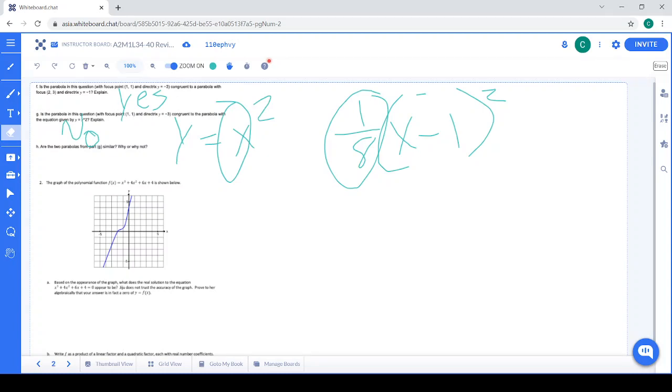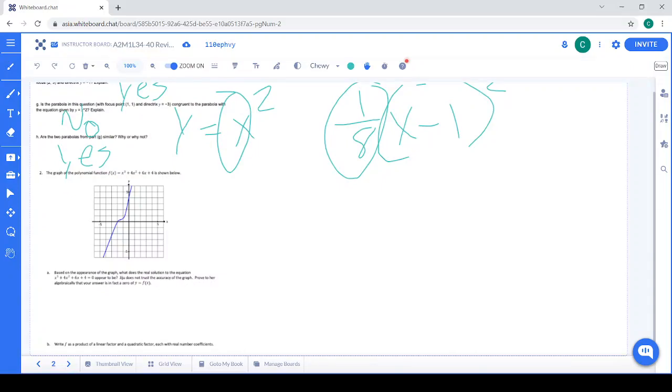Okay, H says, are they similar? Yes, I just told you that. Yes, they are always similar. Now the graph, let's look at number 2. A graph of the polynomial is shown. Based on the appearance, what does the real solution to the equation appear to be?